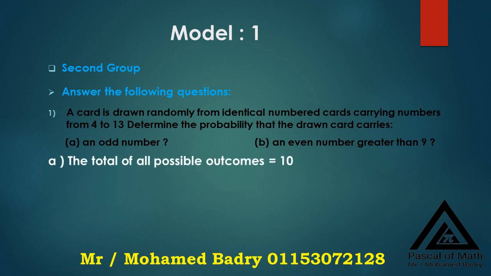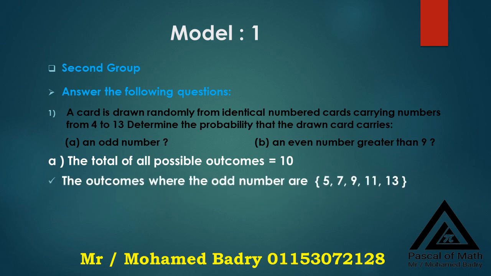The total of all possible outcomes equals 13 minus 4 plus 1. 13 minus 4, 9 plus 1 equals 10. Now, the outcomes where the number is odd are the set of 5, 7, 9, 11 and 13.